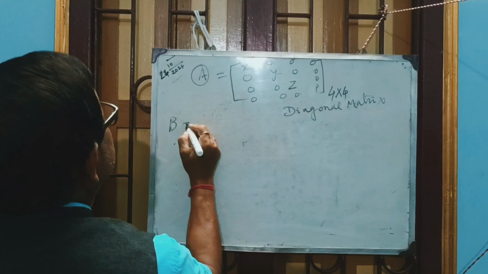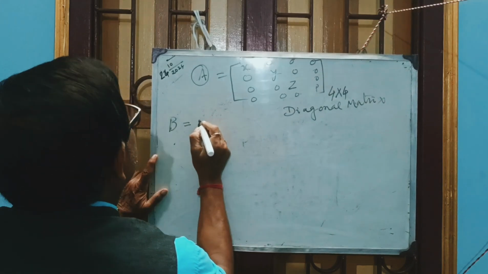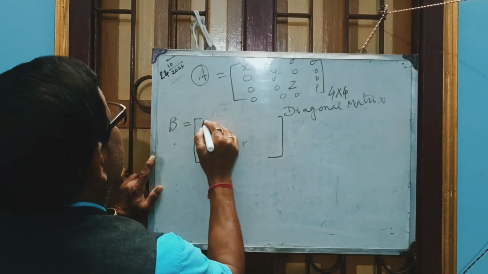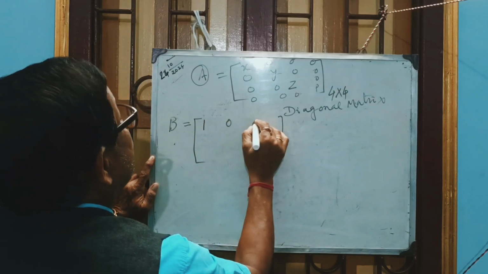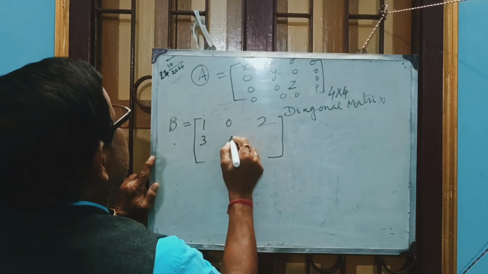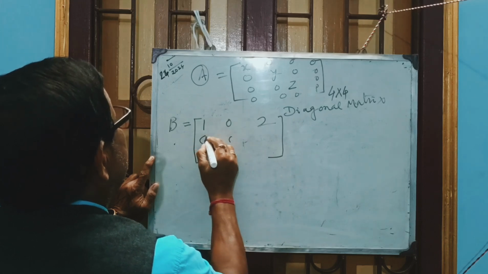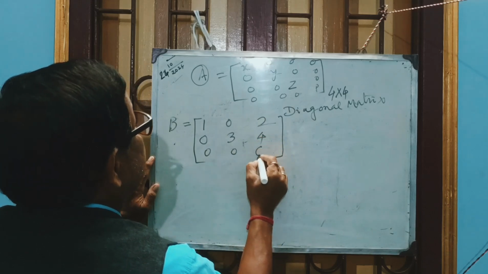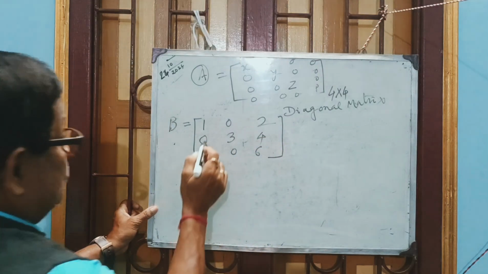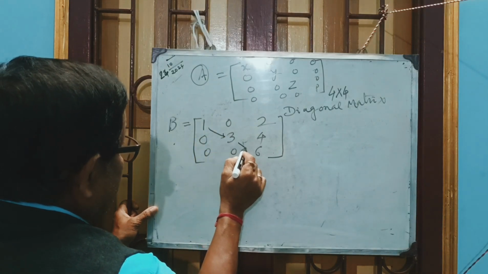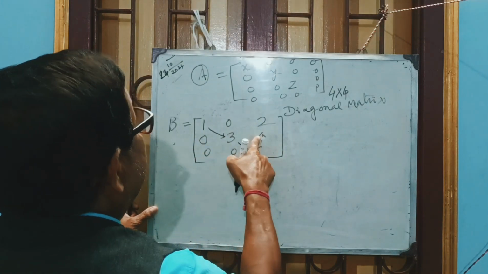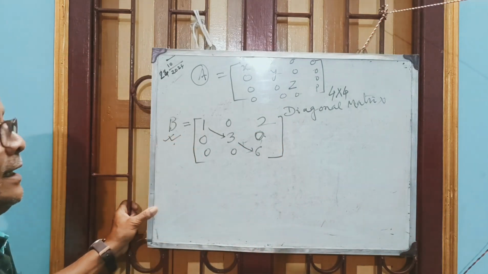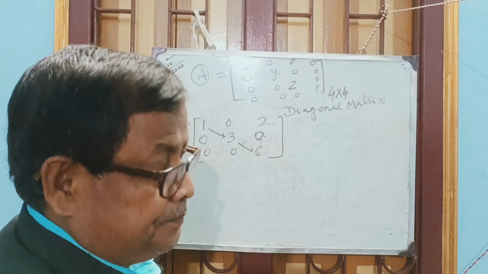B is equal to, let us consider a square matrix B: 1, 0, 0, 0, 3, 0, 0, 0, 6. This is a square matrix whose diagonal terms are 1, 3, 6, and the others are 0. Therefore, it is a diagonal matrix.